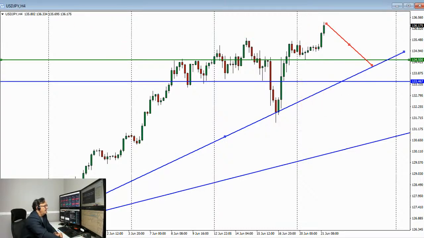So to give you the analysis for dollar yen, the point of control is at the 134 and a half, 133 and a half zone. Bullish.